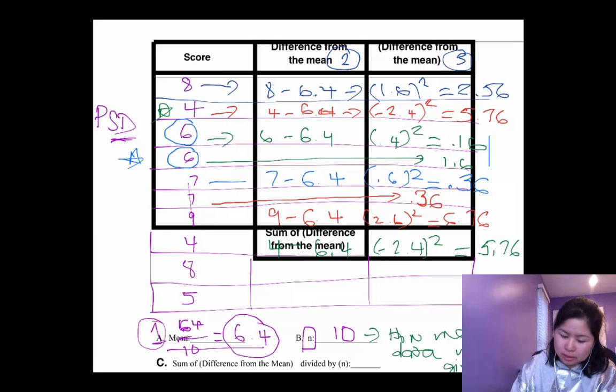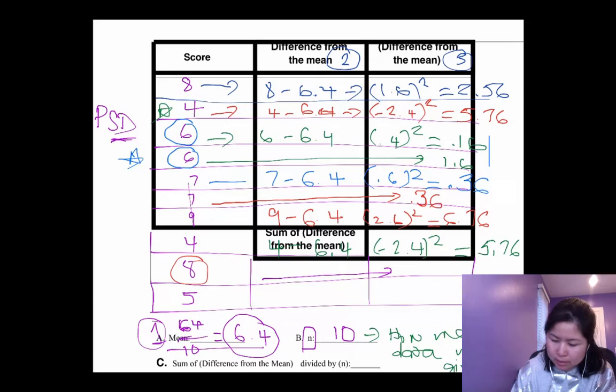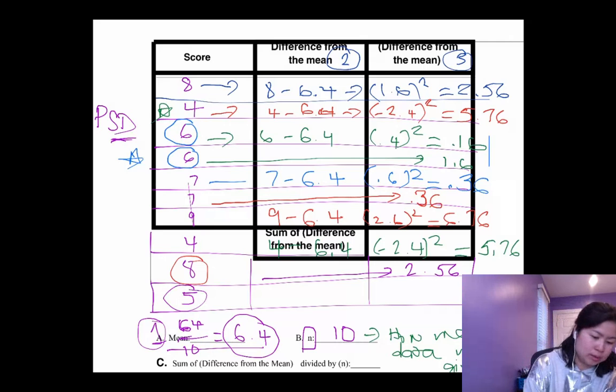All right, so I can do the next one, which is 8. Again, this number is repeated, right? I already have 8 on the top, so I don't need to redo it. I can just go ahead and copy the number from the top, which is 2.56. The 5 is new, so I have to do it.